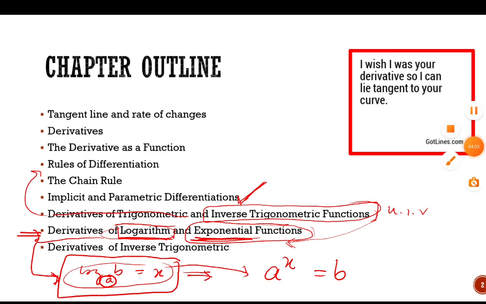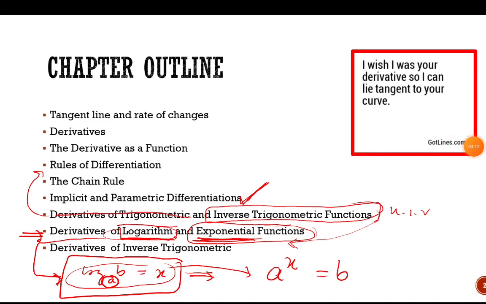I'll provide the supplementary material in e-learn. So now let's proceed directly to derivative of logarithmic and exponential functions. If you find it blurry, go back to e-learn and have a look at the supplementary notes.